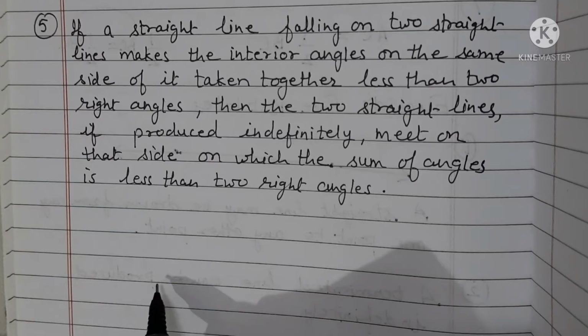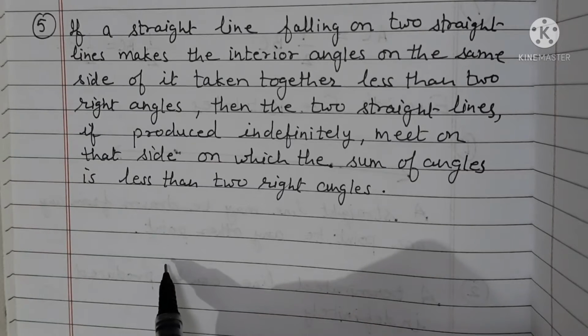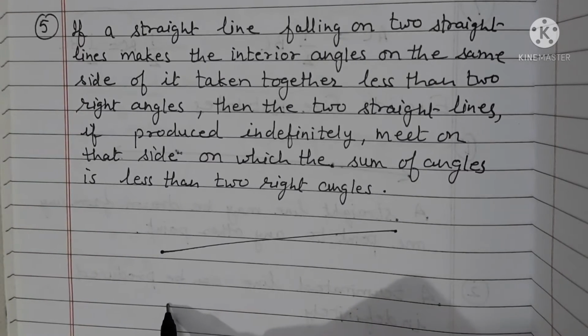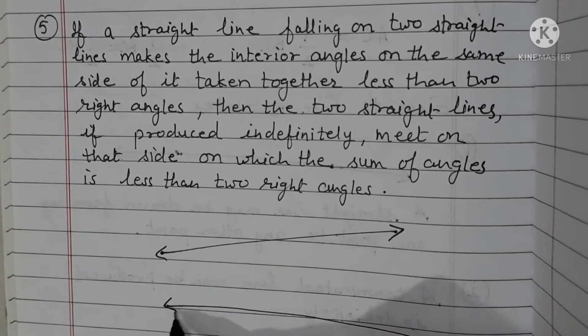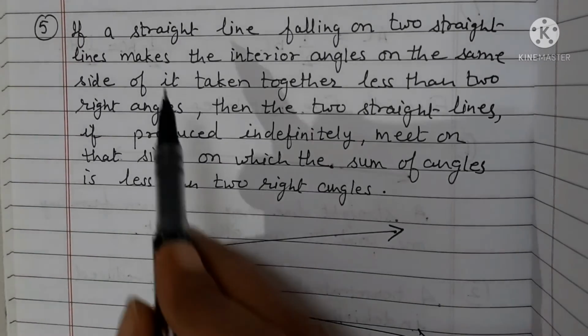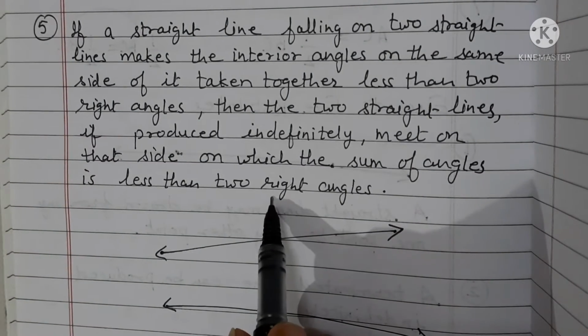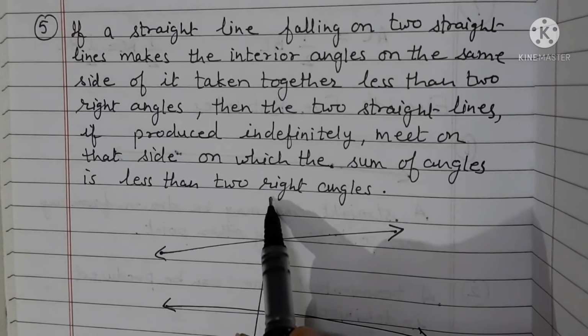Suppose here are two straight lines like this. Suppose this is one straight line and this is another straight line. And this is the straight line which is falling on these two straight lines.